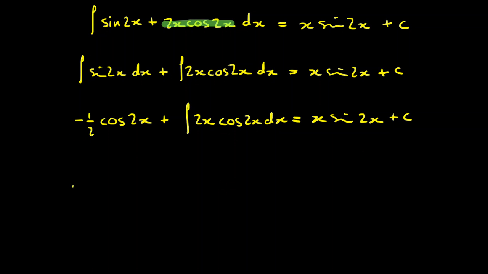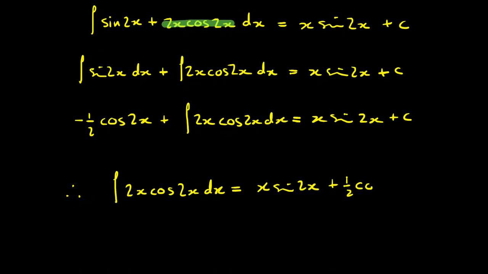So therefore, I can write out that the integral of 2x cos 2x dx is equal to x sine 2x plus a half cos 2x plus c. Right? So I now know how to get that integral.